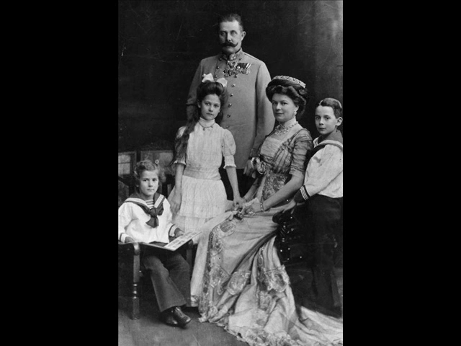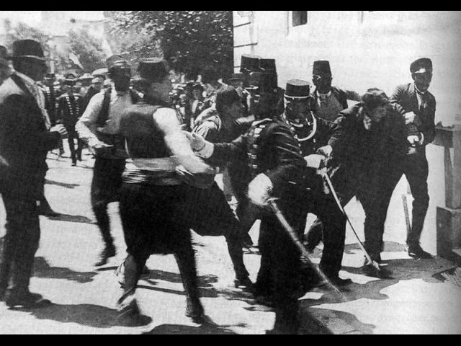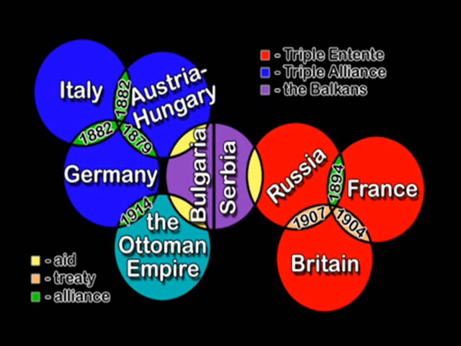Gavrilo Princip will be arrested. He'll be put on trial along with the other co-conspirators, and he will die a few years later in prison. The assassination then triggers the alliance system to take effect. Once the Archduke was killed, Austria-Hungary blames Serbia and immediately declares war. Then Russia, coming to the aid of Serbia, will start to mobilize their troops.